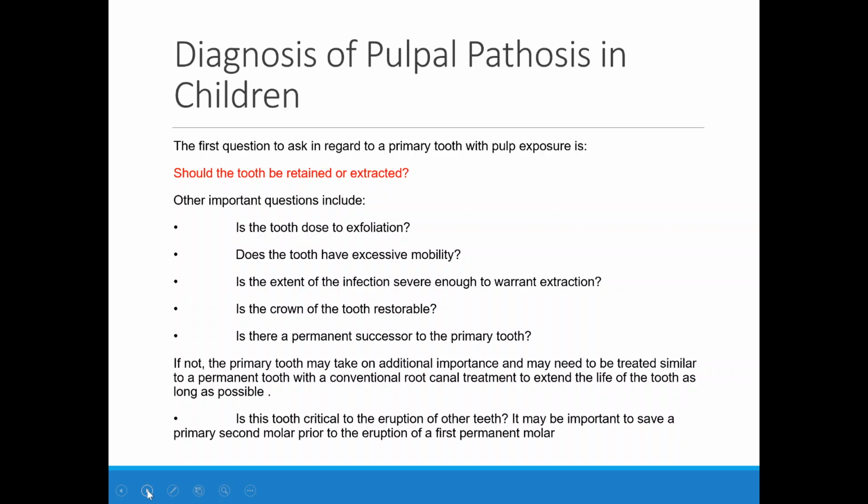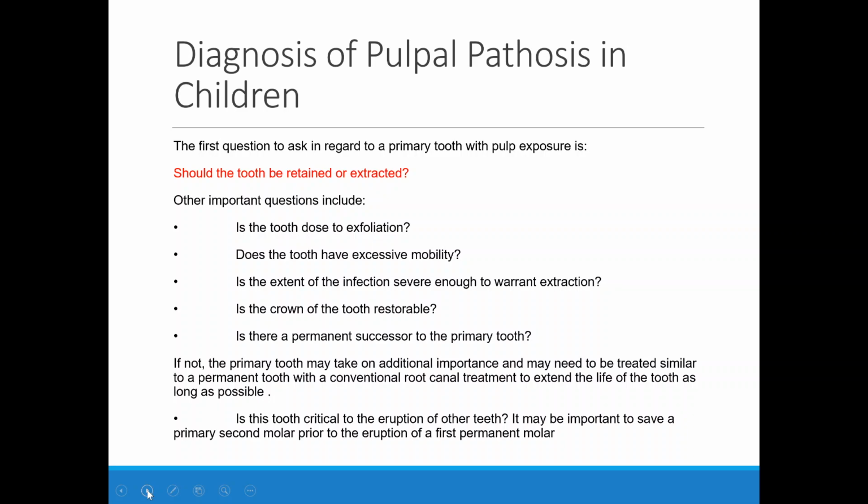So other important questions are, is the tooth close to exfoliation? Does the tooth have excessive mobility? Is the extent of infection severe enough to warrant extraction? Is the crown of the tooth restorable? Because if it's non-restorable, there is no sense to save this tooth.